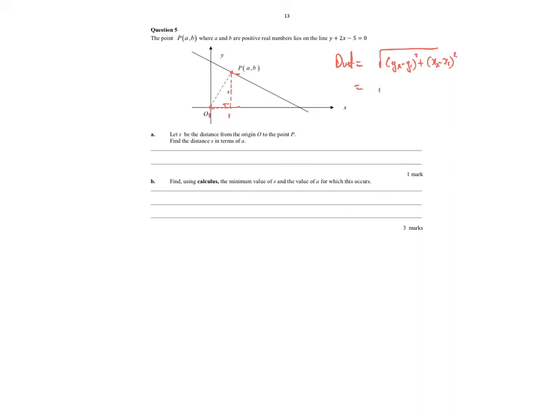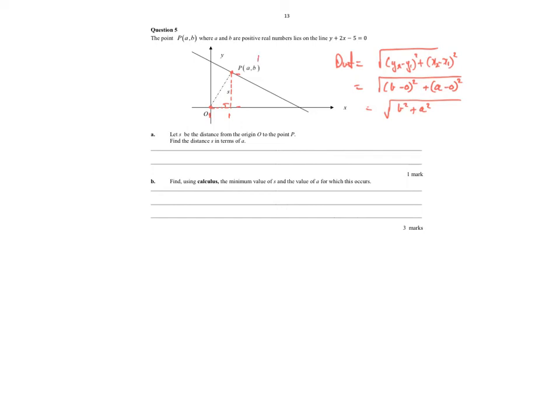So it's b minus 0 squared plus a minus 0 squared, which is just the square root of b squared plus a squared. But it says this in terms of a only, and I've got b there.